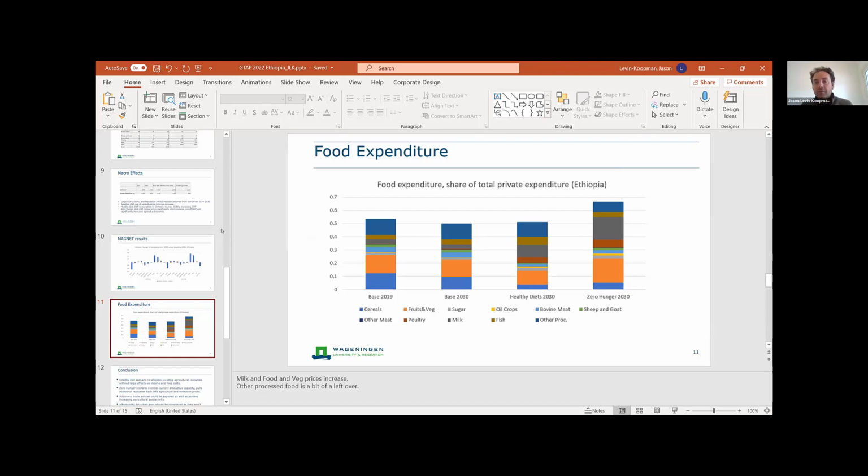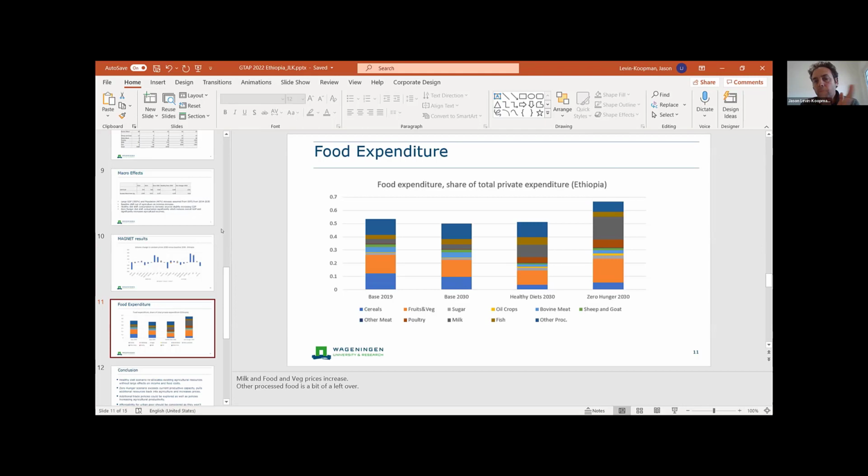Right, that's a great point, and the short answer is it's not realistic. The study as it's set up is to point out what would happen without additional policies if this diet shift happened.